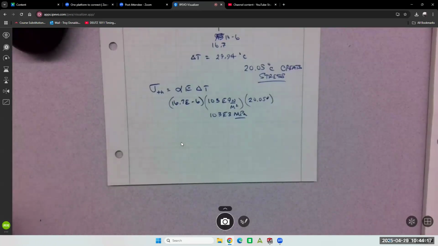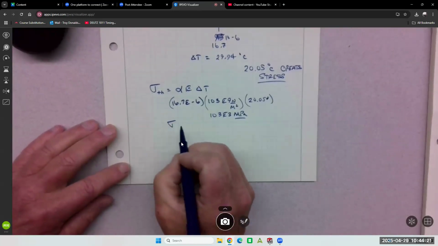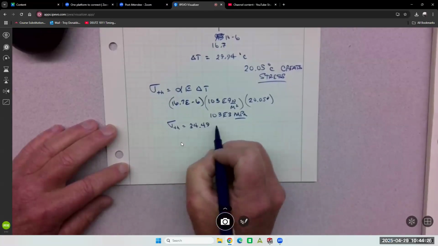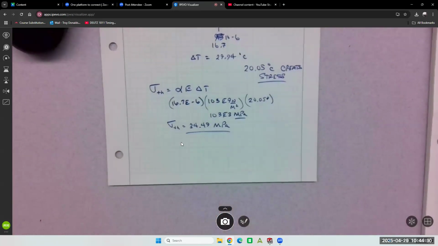I get 34.49 megapascals. Get it? How it works though? Yeah. That would have been different.